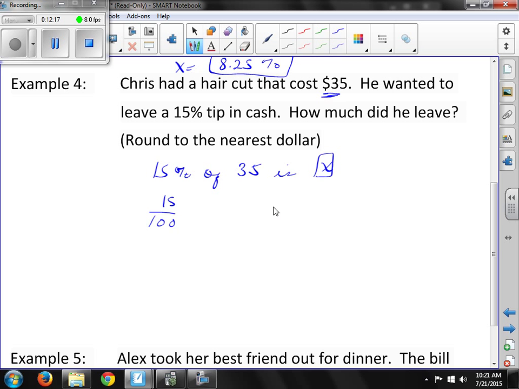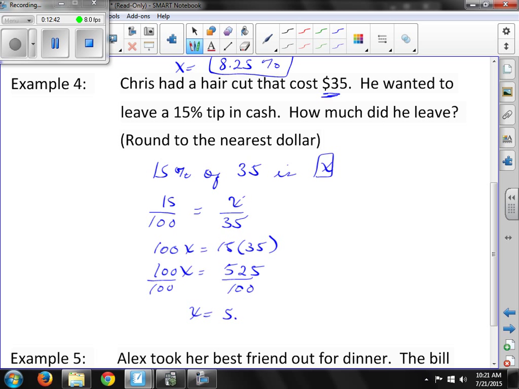Our is what we're looking for, x over 35. And then we'll cross multiply. 100 times x is equal to 15 times 35. And 15 times 35 is 525. And then we divide by 100, so x is equal to 5.25.